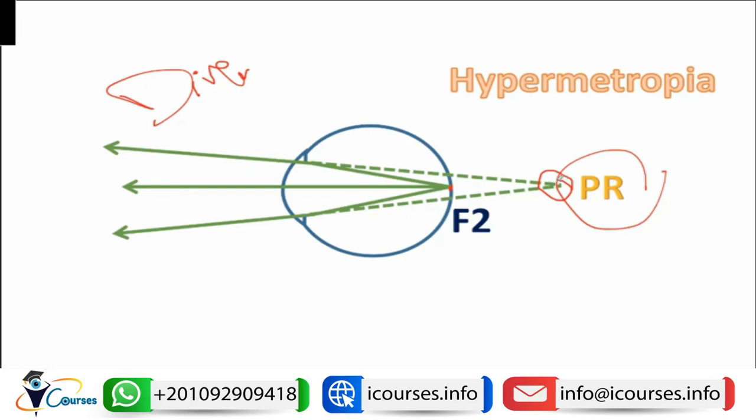And if we have an object placed at the punctum remotum, it will emit light rays that will enter the system and emerge as divergent, as we can see here, so that they will meet at a real point on the retina called the F2. So the punctum remotum and F2 both lead to each other.